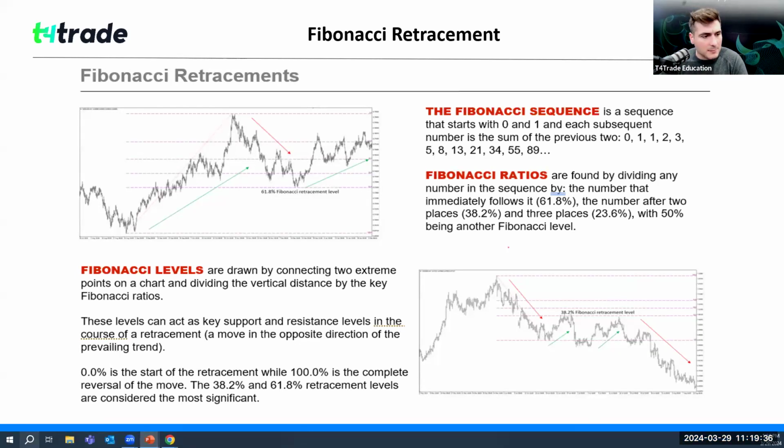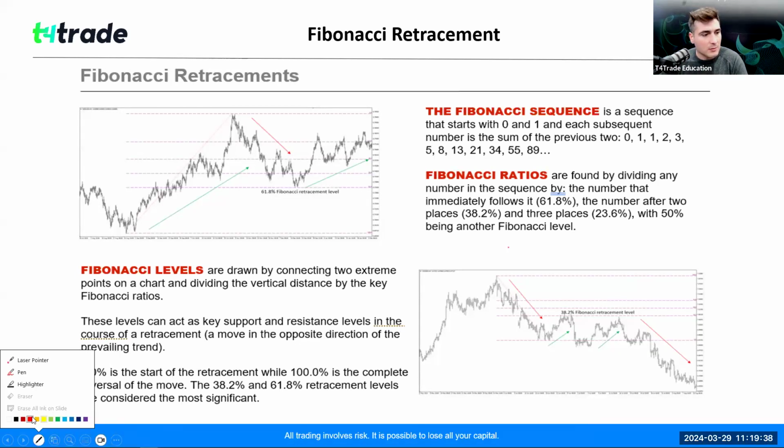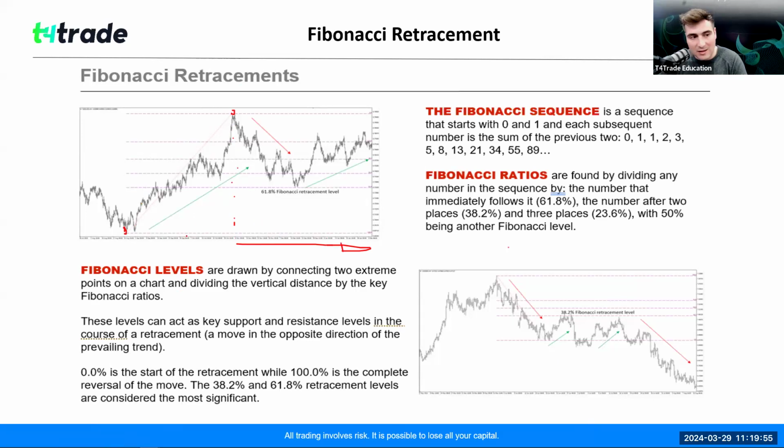Let me get my pen. You can see here we draw that from down here up to there, so 0 and 100, the full move. Let's assume we have not seen anything coming out from here onwards, and at this point in time we are right here.